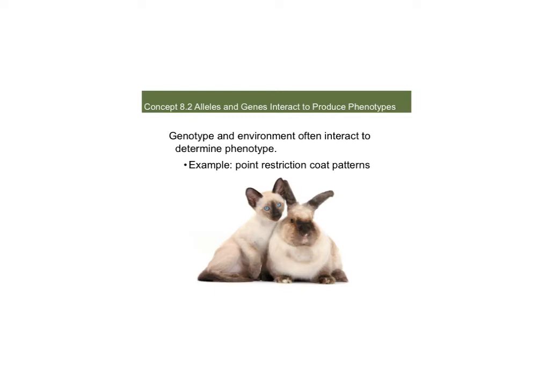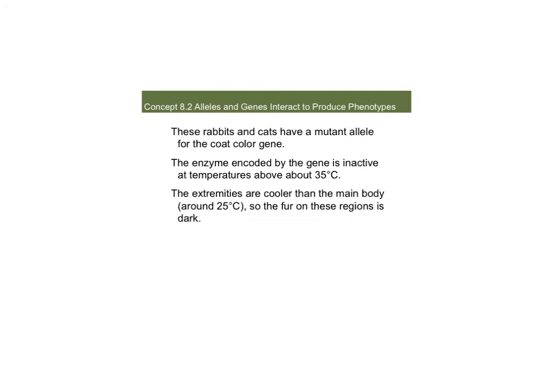Now, your genes themselves are not the only thing that is going to affect your phenotype. Your genotype and the environment often interact with each other to determine the phenotype. Some examples are point restriction coat patterns, or coat patterns that are affected by a certain threshold or a certain point. For example, there are rabbits and cats that have a mutant allele for the coat color gene.